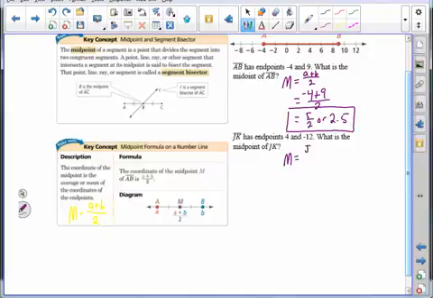So here we're talking about J plus K over 2 for the midpoint. So I'm going to say 4 plus -12 divided by 2. Well, 4 plus -12 will give me -8 divided by 2. So the coordinate for the midpoint of segment JK must be -4.